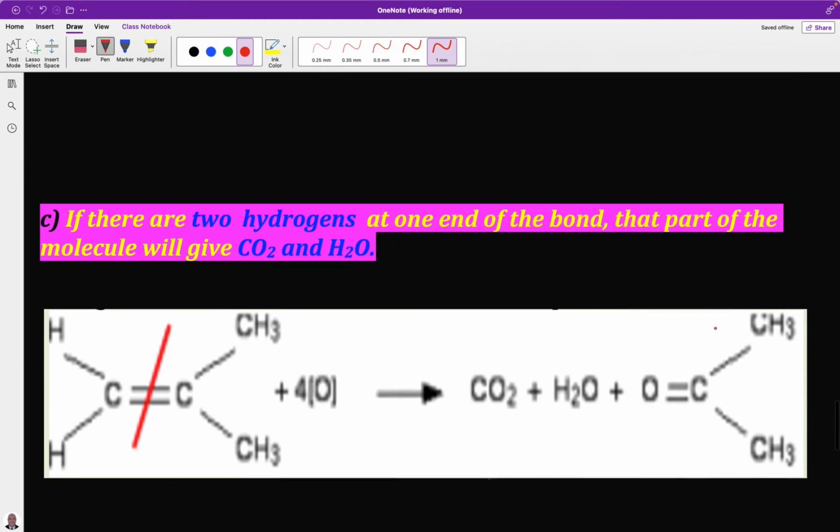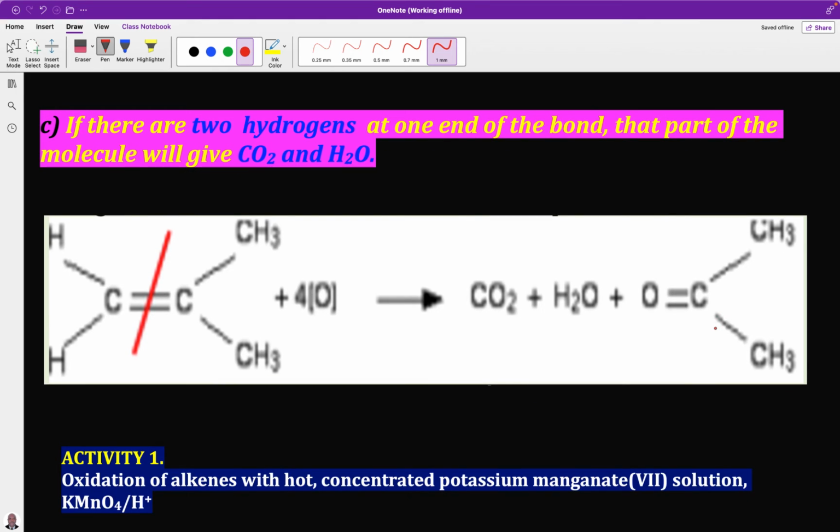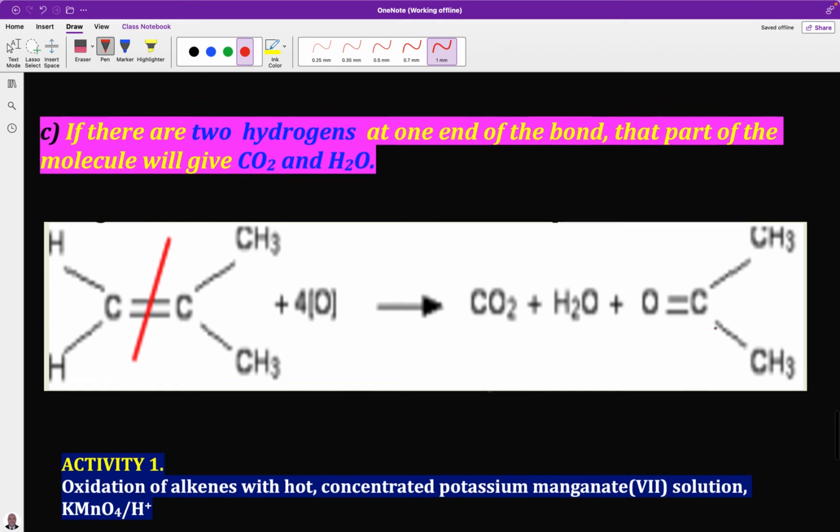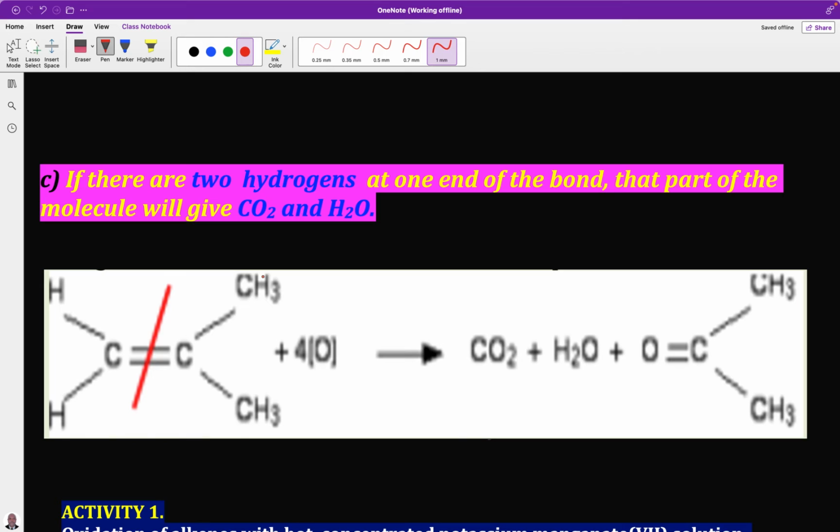I said the last condition is if there are two hydrogen atoms at one end of the bond, that part of the molecule will give carbon dioxide and water. For instance, here we are still using this molecule.